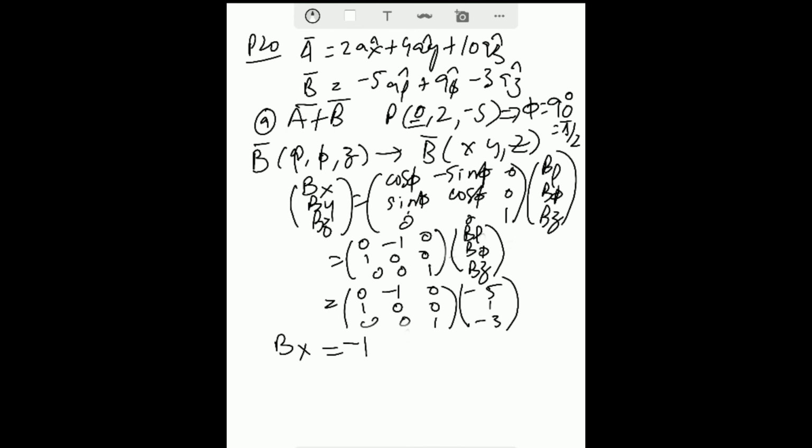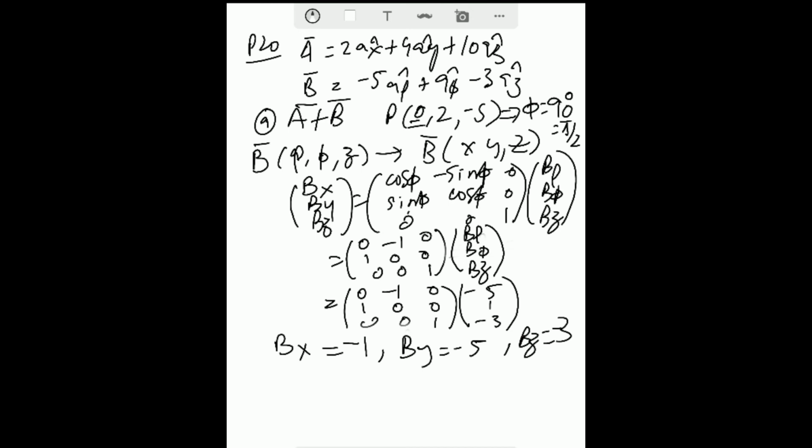So Bx is minus 1, By is minus 5 plus 0 plus 0, so it is equal to minus 5, and Bz is the same as before, which is minus 3.